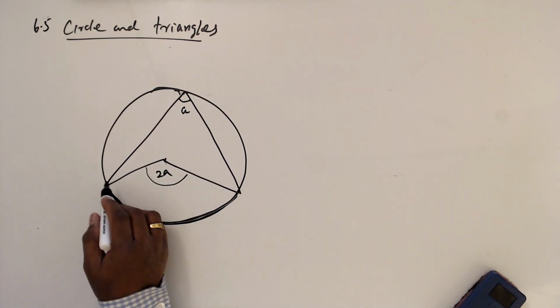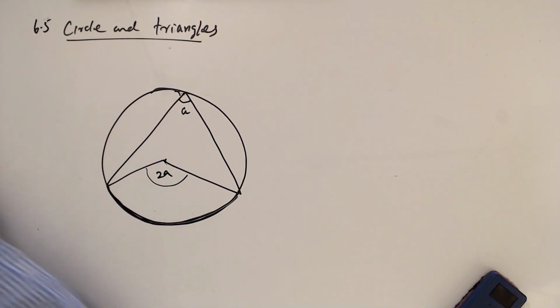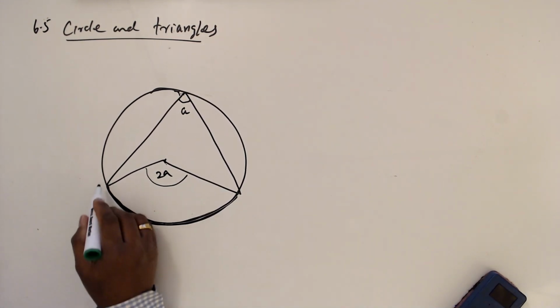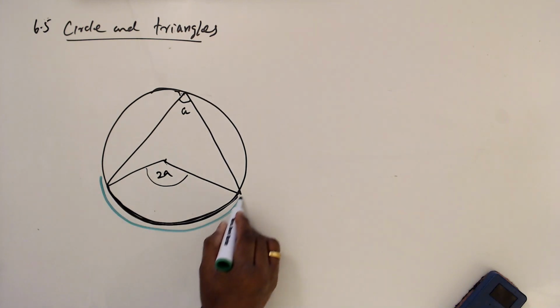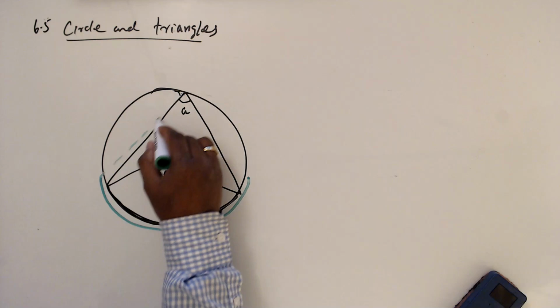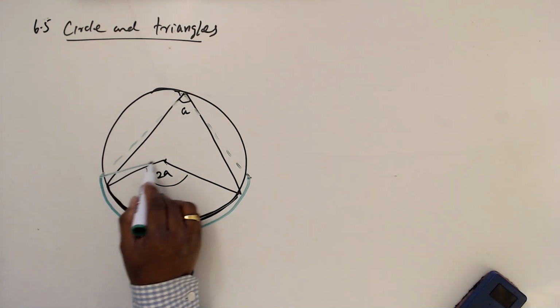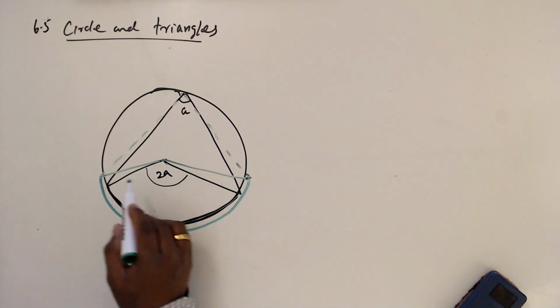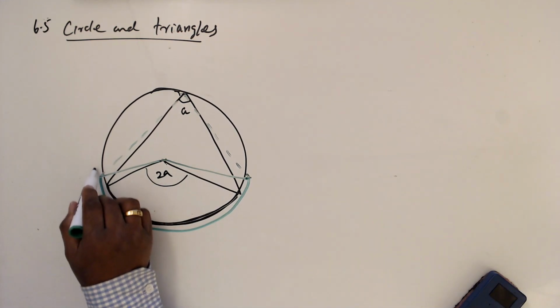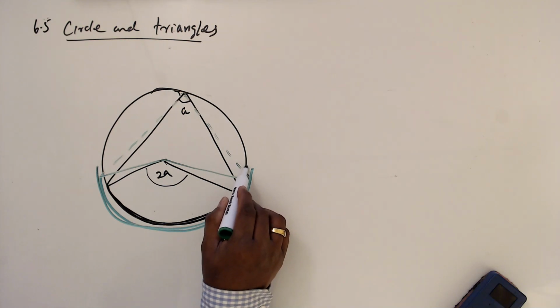Now I am expanding this arc, making it bigger. Then this is the line. Then I am making it a bit bigger. This is the arc now.